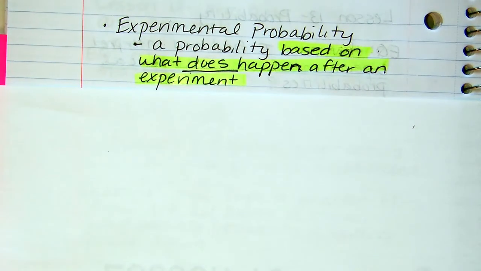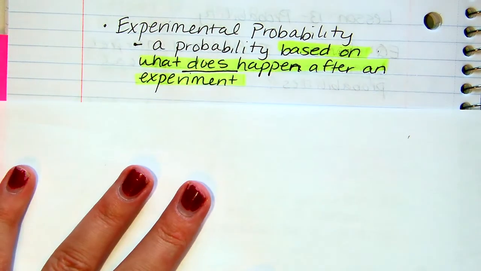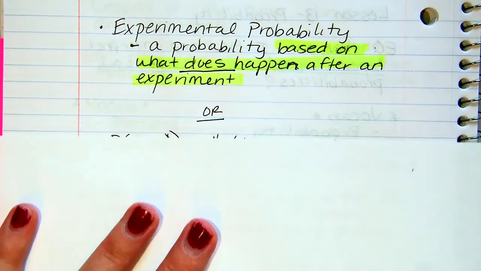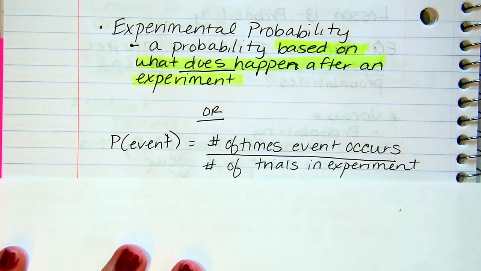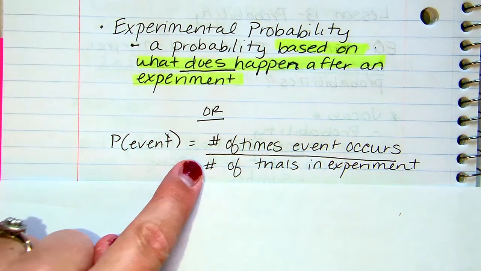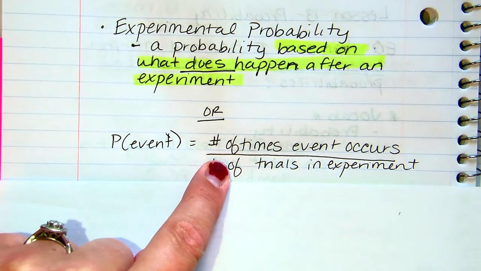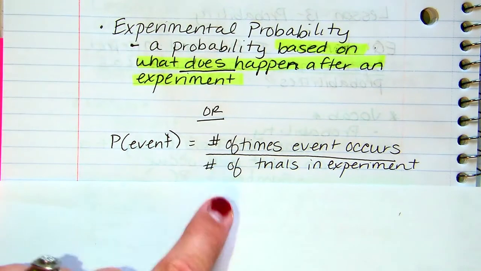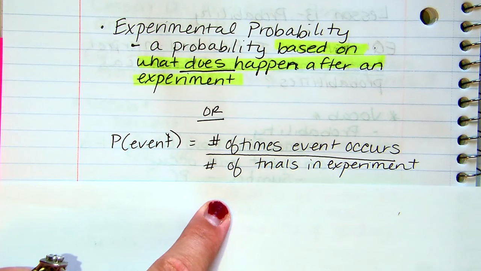Just like our theoretical probability, we have a ratio that it can be set up toward. For experimental probability, the probability of the event equals the number of times the event actually occurs over the number of trials in the experiment.